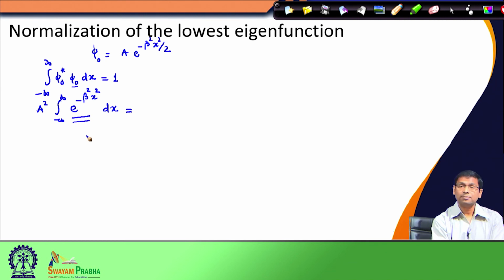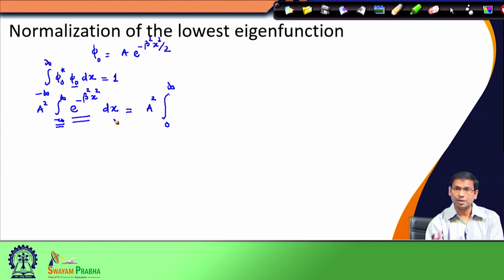I already have discussed that this is a Gaussian function which is an even function and is symmetric with respect to the 0 axis. So, therefore, instead of using the minus infinity to plus infinity limit, I will change the limit to 0 to infinity, because if a function is symmetric, then its integration, or the area under that curve, is going to be the same when I integrate from 0 to plus infinity or 0 to minus infinity.